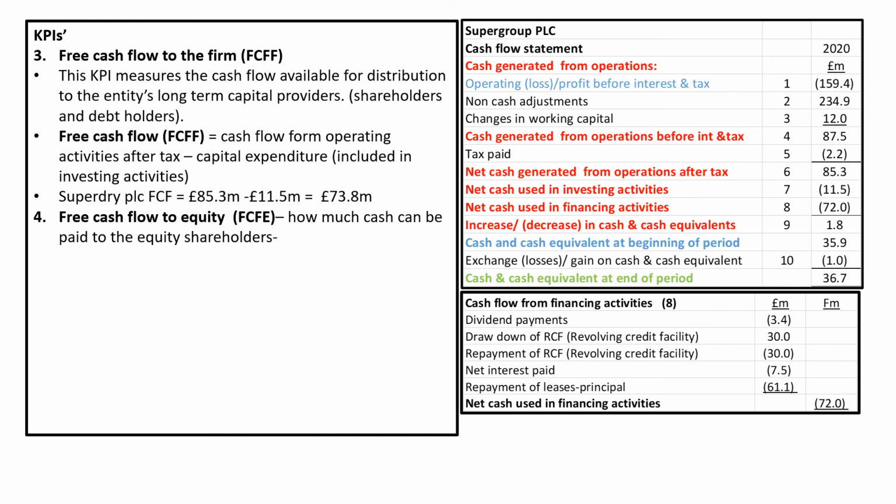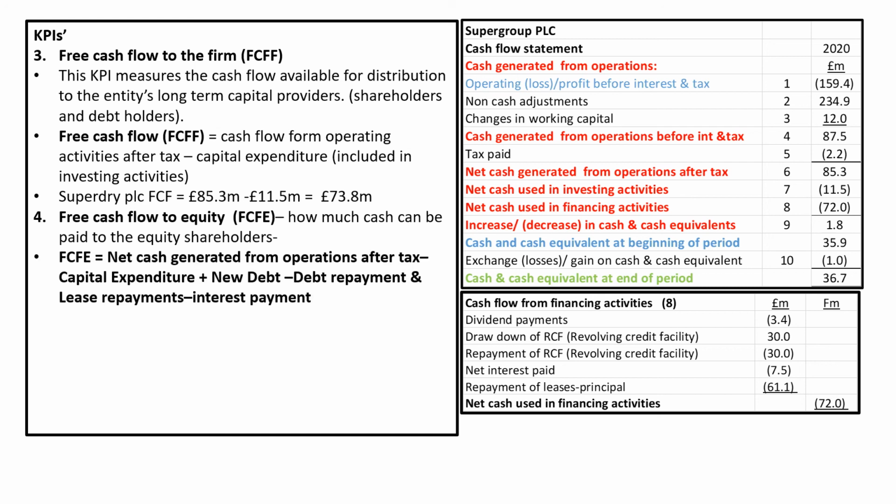Another variant of this free cash flow to the firm is called free cash flow to equity. In other words, how much cash can be paid to the equity holders. The formula to work it out is again to take the net cash generated from operations after tax, take away the capital expenditure, plus new debt, minus debt repayment and lease repayments, and minus interest payment.